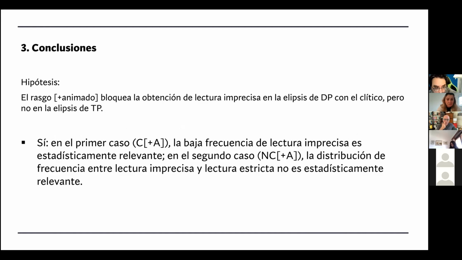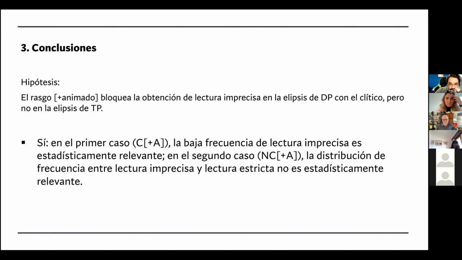Hipótesis: el rasgo más animado bloquea la obtención de lectura imprecisa en la elipse de DP con el clítico, pero no en la elipse de TP. Sí, en el primer caso, la presencia del clítico con referente más animado, la baja frecuencia de lectura imprecisa es estadísticamente relevante.